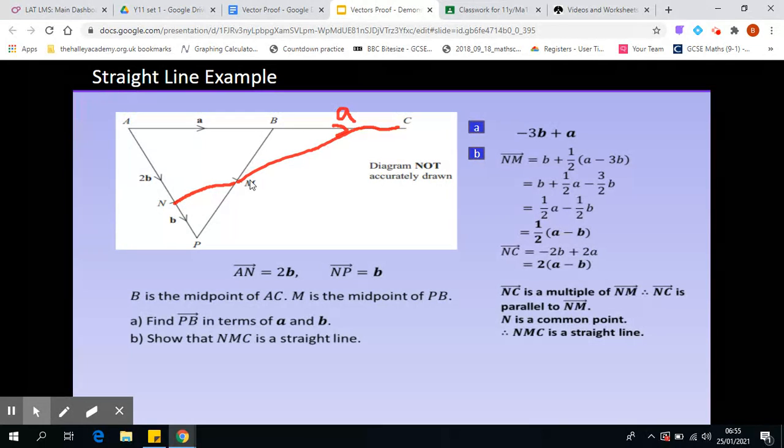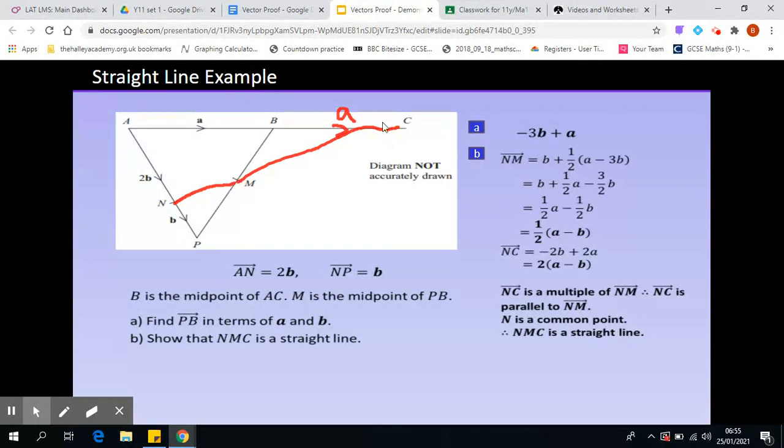Firstly, NM. NM could use NP, which is vector b, plus half of PB. And we've already calculated PB earlier, which is minus 3b plus a, or a minus 3b. Expanding and simplifying it would give us half a minus half b, which we can factorize as half of (a minus b).